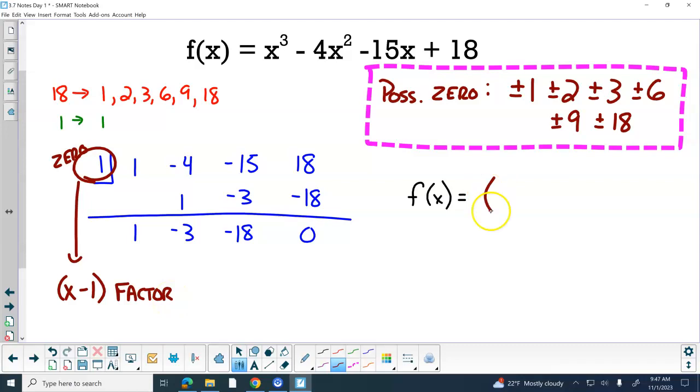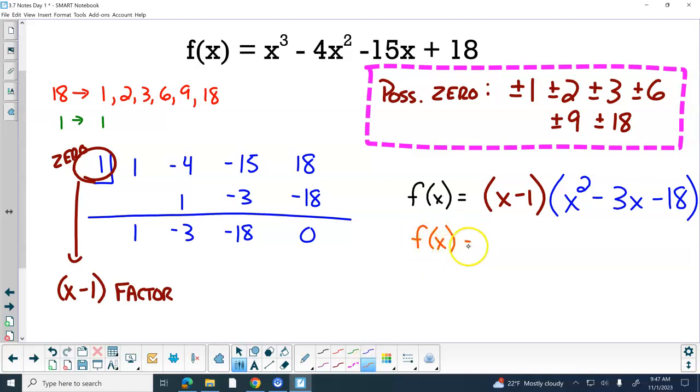So then this would be x minus 1 times x squared minus 3x minus 18. And then I look at x squared minus 3x minus 18, and I say to myself, can it be factored? And it can be factored into x minus 6, x plus 3. So that would be a potential stop if we said factor it.